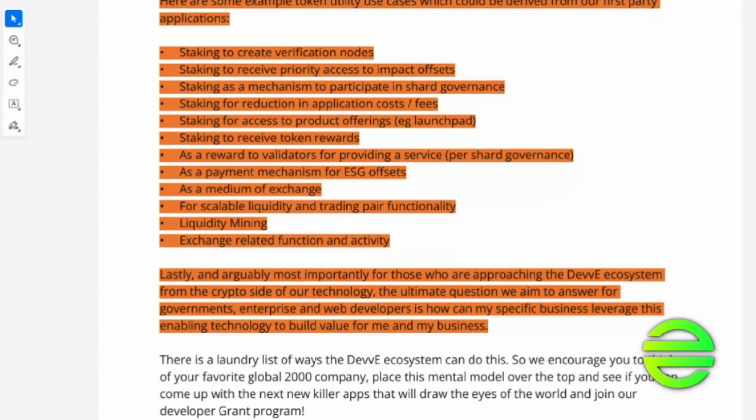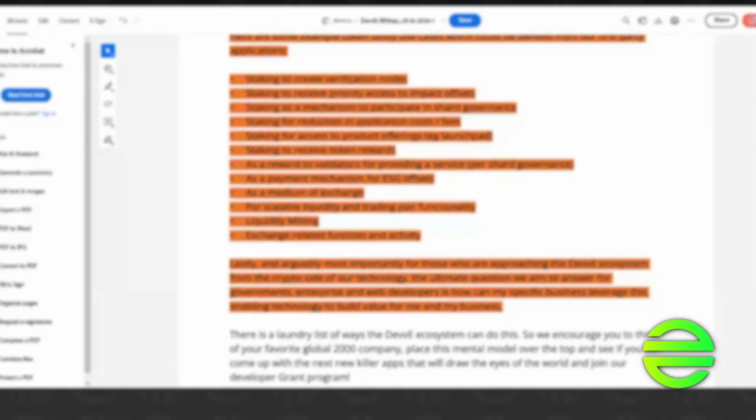That's important. Staking as a mechanism to participate in shard governance. Staking for reduction in application costs or fees. Staking for access to product offering. Staking to receive token rewards. As a reward to validators, a payment mechanism for ESG assets, a medium of exchange for liquidity mining. You guys get the idea.